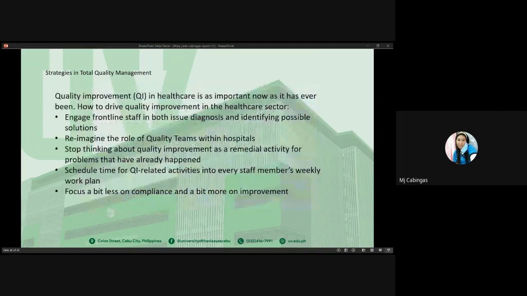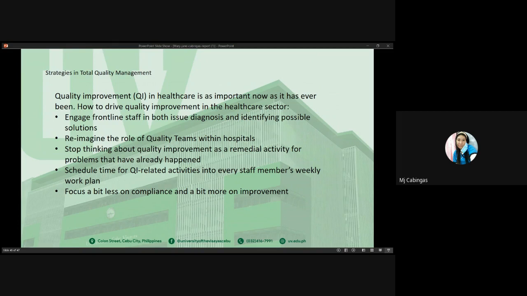And the last is quality improvement, which was discussed by the previous reporters, Ma'am Giselle. Quality improvement in healthcare is as important now as it has ever been. To drive quality improvement in the healthcare sector, engage frontline staff in both issue diagnosis and identifying possible solutions, and reimagine the role of quality teams within the hospital.